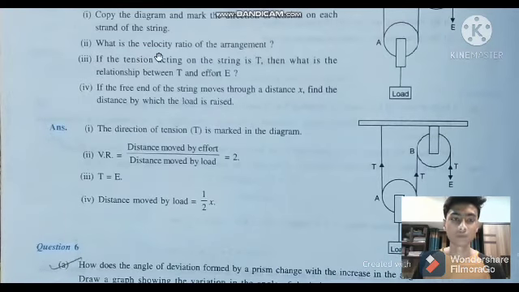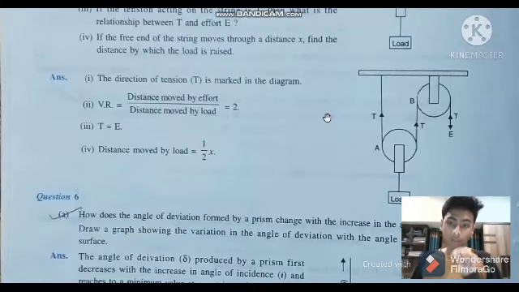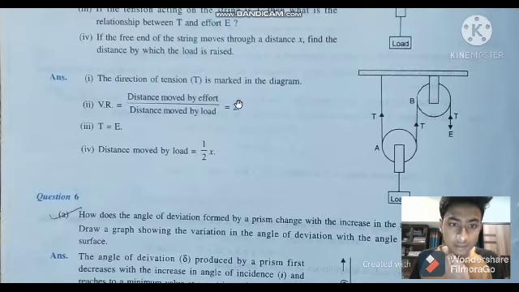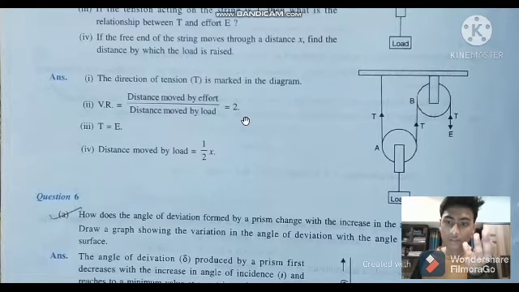The second question was, what is the velocity ratio of the arrangement? We know that when the load is displaced by x units, the effort applied is going to be displaced by 2x units. So the answer is 2x upon x. If the load moves x distance, the effort moves 2x distance.